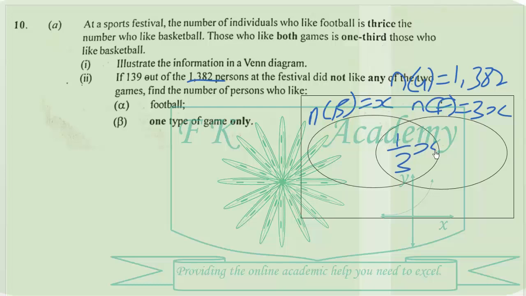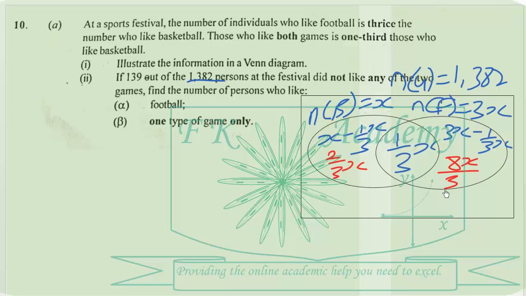Then we will have this place being x minus 1 over 3x, or 2 over 3x. Then we also have here being 3x minus 1 over 3x. And when we simplify that, we get 8x over 3.